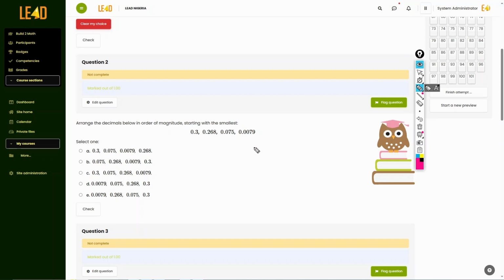So if I write them out, I'm going to write 0.3, 0.268, 0.075, 0.0079. Next, I'm going to complete all of them to 4 decimal places so that we can actually see.